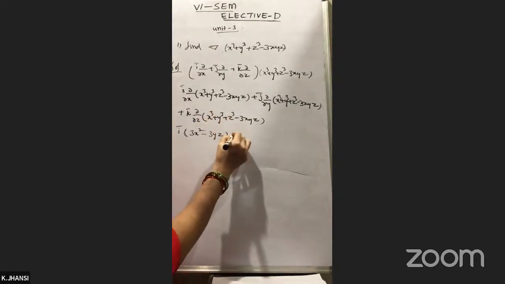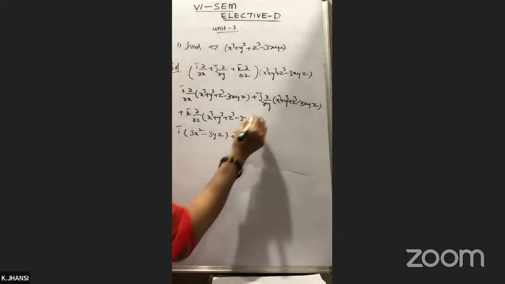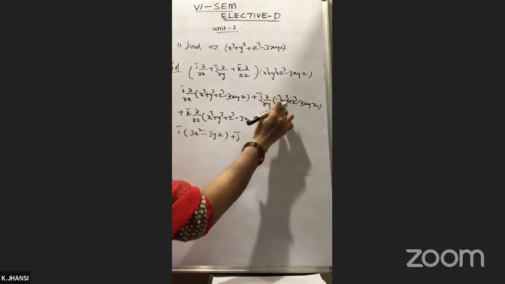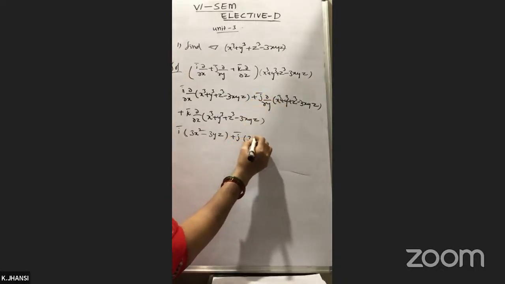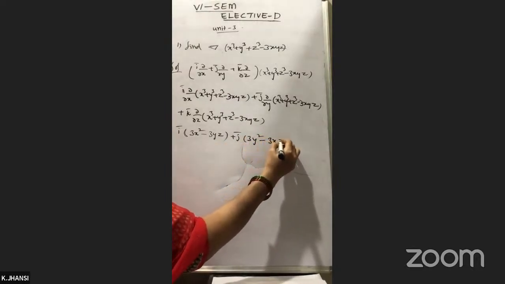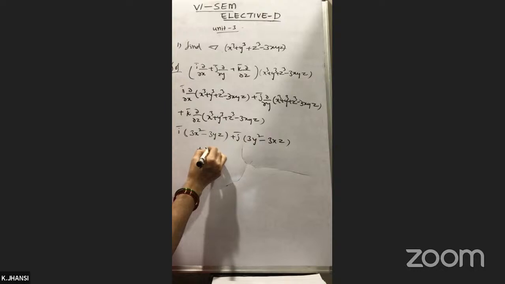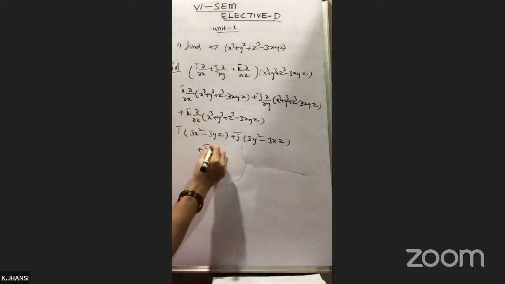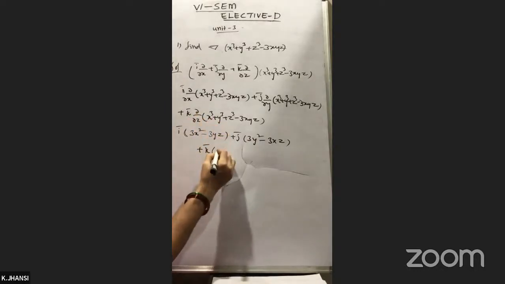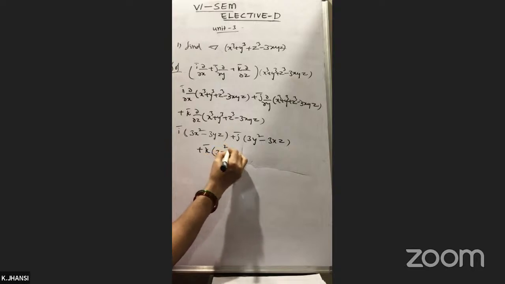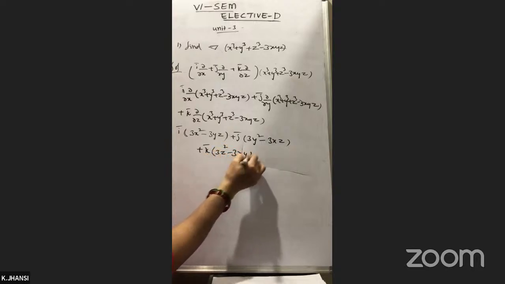Next, plus j, dou by dou y. Y cube will become 3y square minus 3xz, plus k, where x cube and y cube both become 0, only z gives 3z square minus 3xy. So this is the answer for del of the given function.